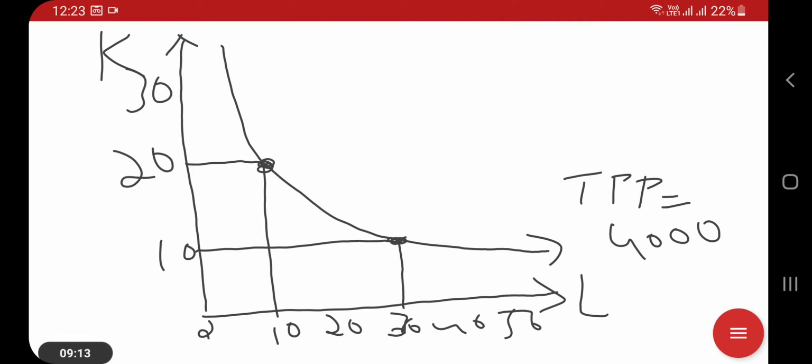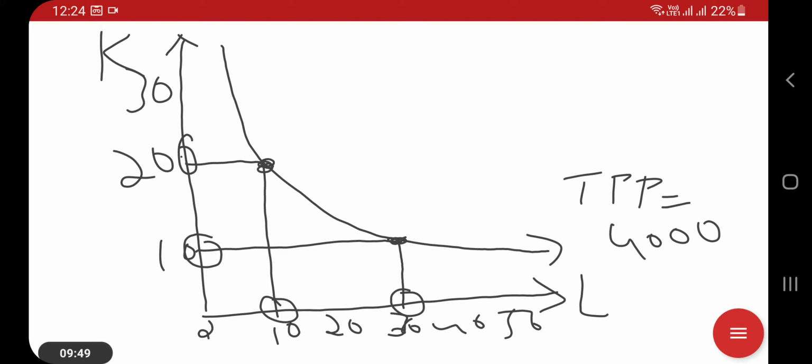For example, this could be 20 capital and 10 labor. In the other case, 9 capital and 35 labor. In another case, 10 capital and 30 labor.